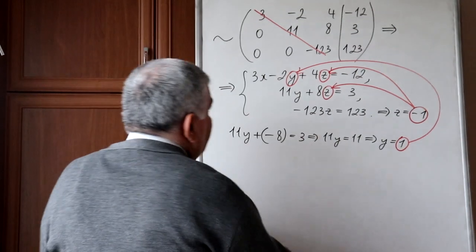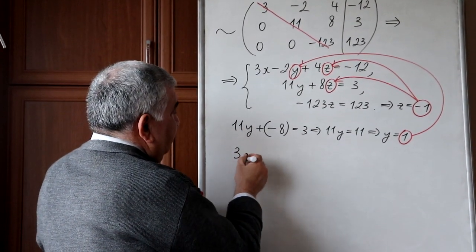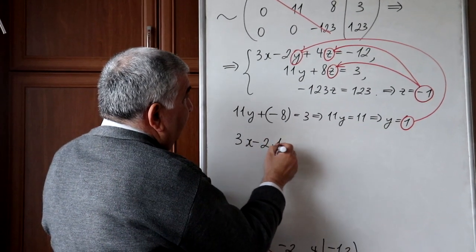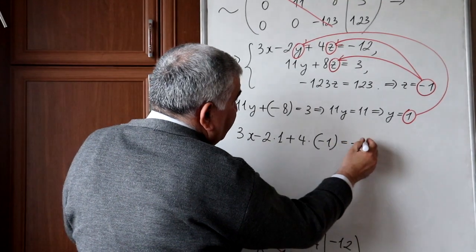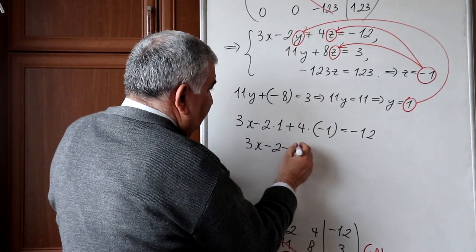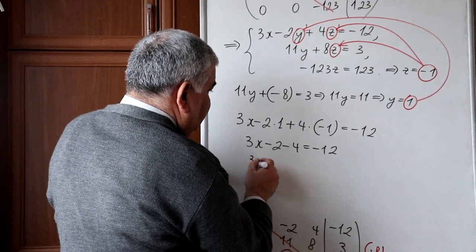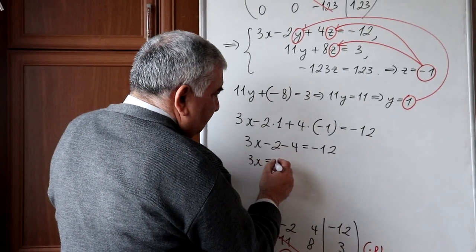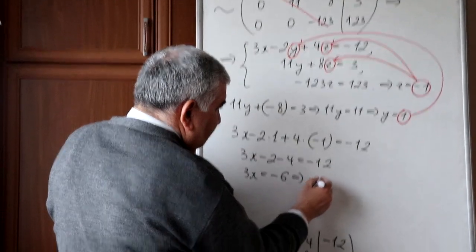And then finally we can find the value of x unknown. 3x minus 2 multiplied by 1 plus 4 multiplied by minus 1 equals minus 12. 3x minus 2 minus 4 equals minus 12. 3x equals minus 6, x is minus 2.